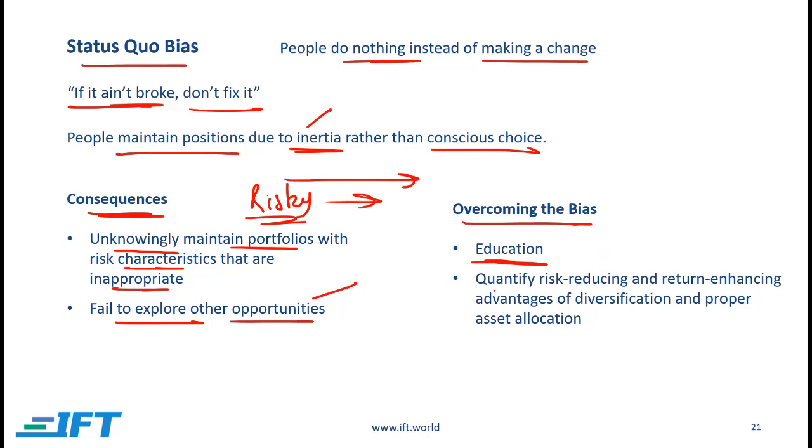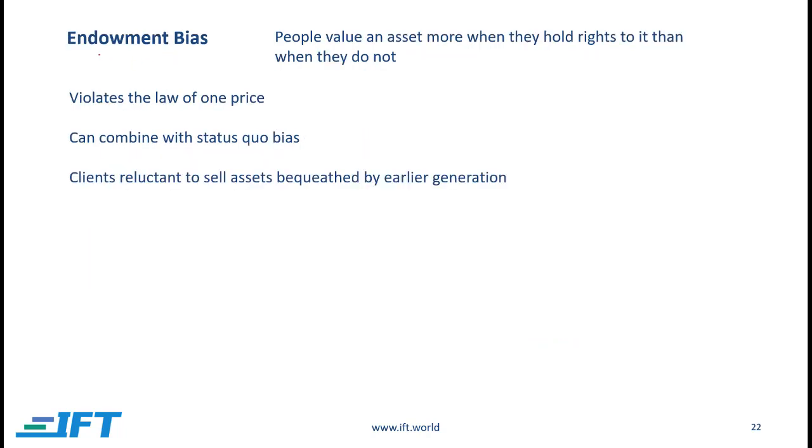Also, we should quantify risk reducing and risk enhancing advantages of diversification and proper asset allocation. So as our situations change, we need to understand what our appropriate risk profile should be, and then we should take the necessary actions.